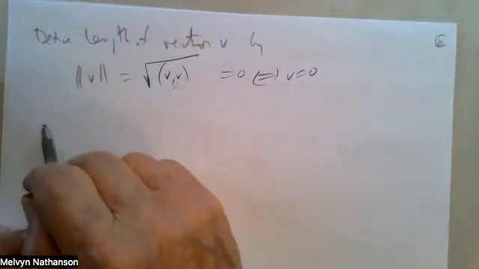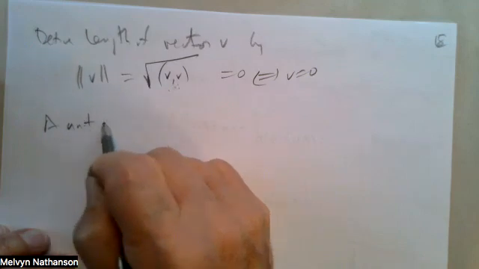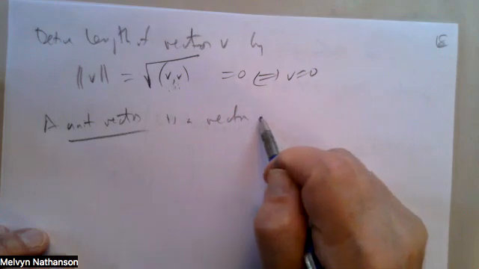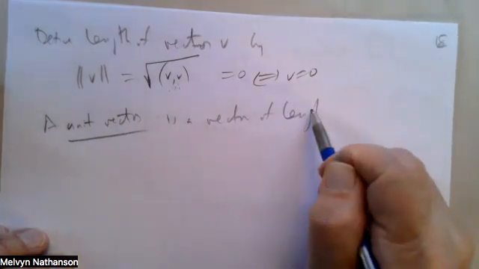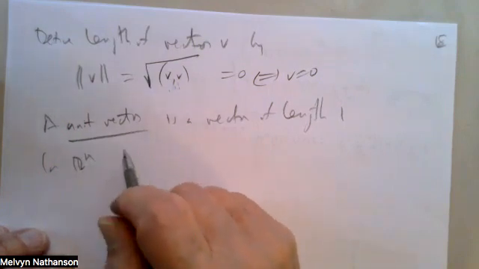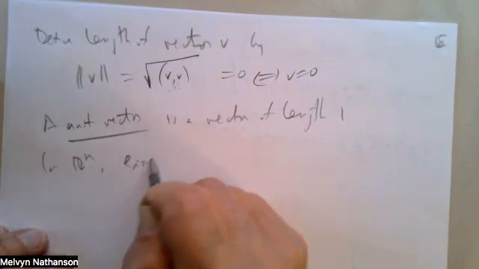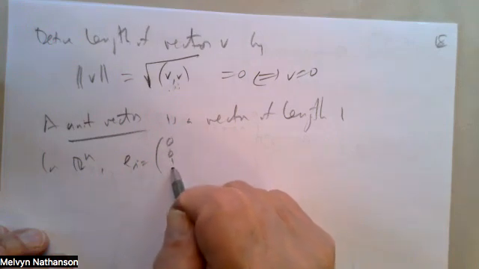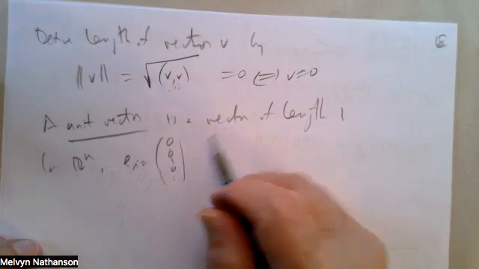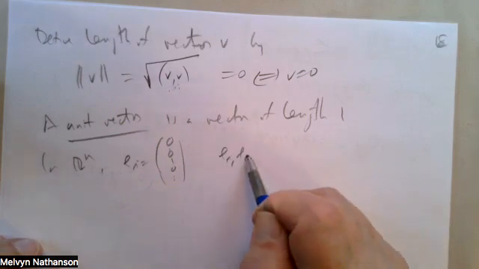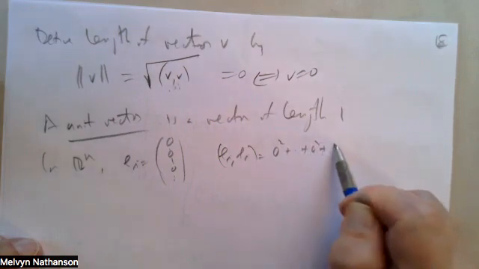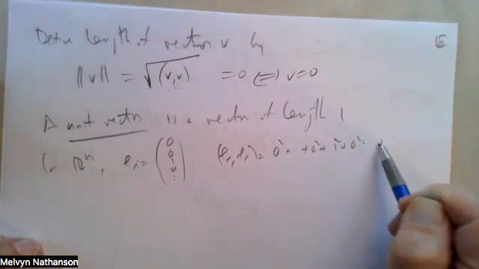And a unit vector is a vector of length 1. So in Rn, if I take the vector ei, the vector where all the coordinates are 0 except for a single one, which is 1, the inner product of ei with itself is 0 squared plus 1 squared, and then 0 squareds.